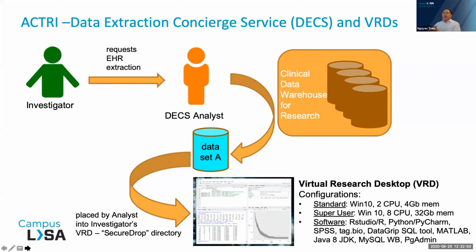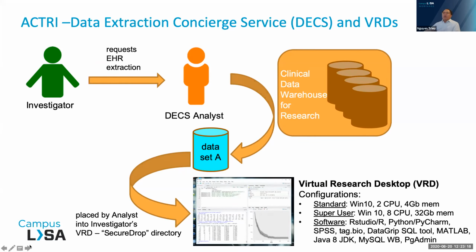Typically a researcher who has a proposal for any type of research will submit proposals to the HRPP department. HRPP is the department that handles human research protections and programming. They will review and approve that study. Typically this study will involve extraction of various health data elements from our data warehouse.